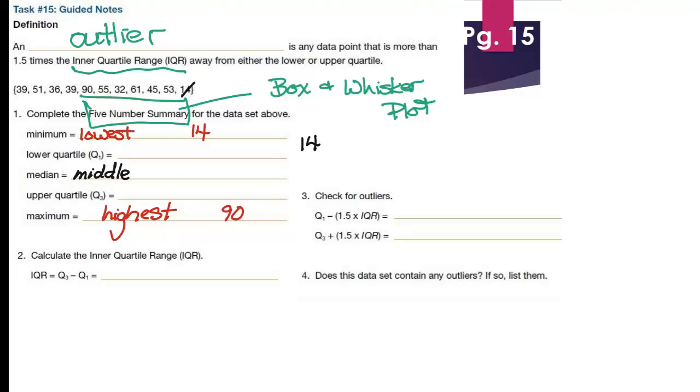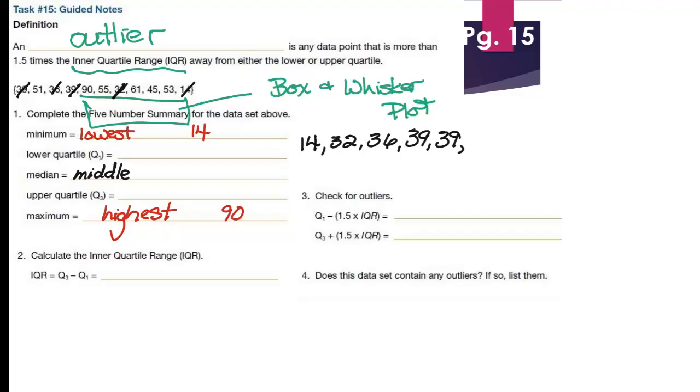What is the next one after 14? 32. Cross that out. 36. Two 39s. See, that's why it's better to work together as a team.